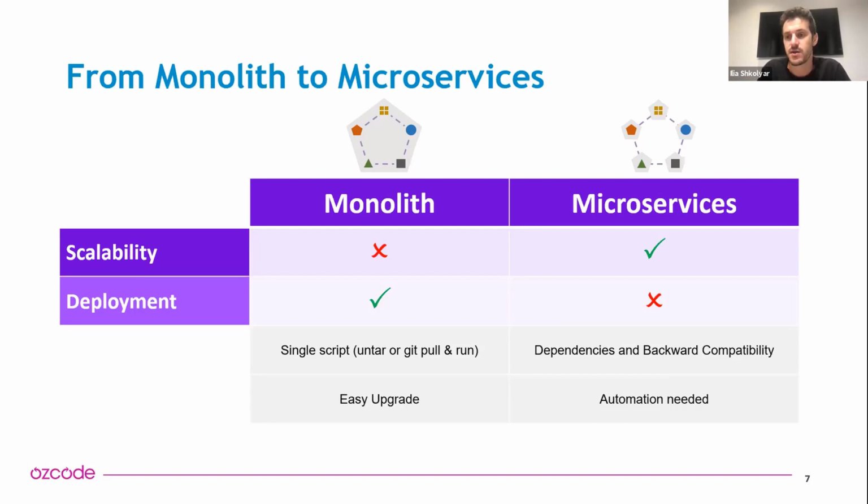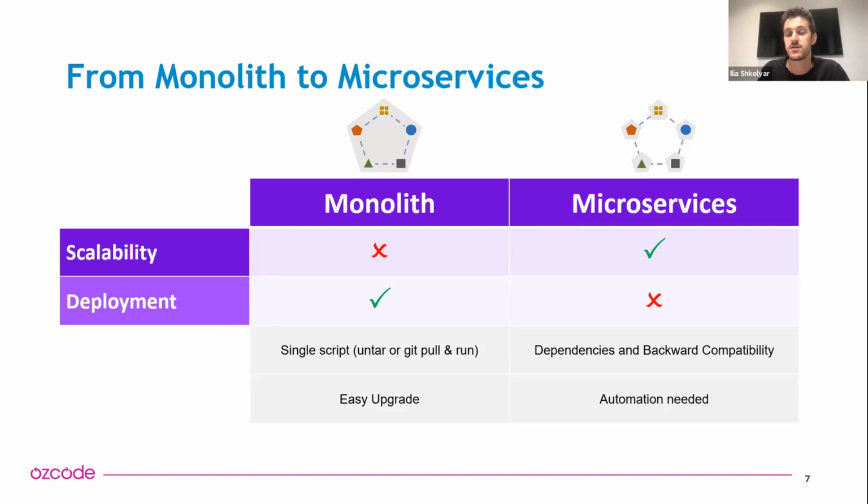And on the other end, the microservices, really, once you have different blocks that communicate one with another, then you need to think about the dependencies. You need to think about backward compatibility. What happens if service A talks to service B in some kind of protocol? It uses specific entities, and now service A was upgraded to send a different message.